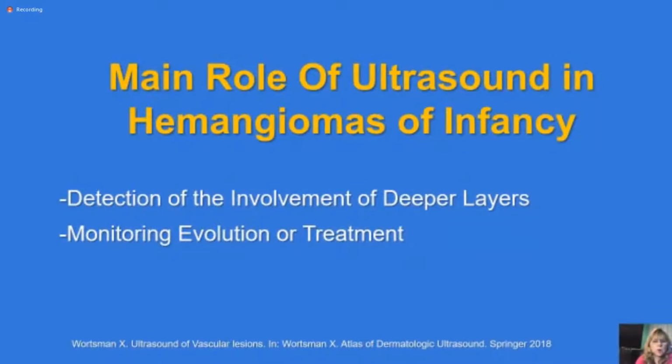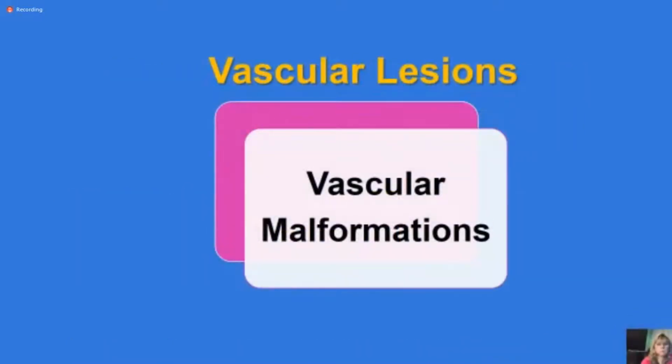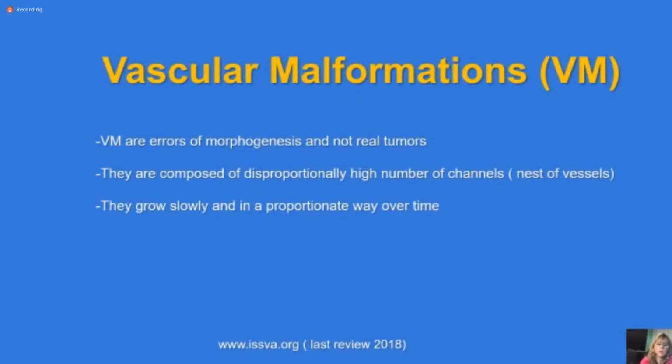So, what is the role of ultrasound in hemangiomas of infancy? First, the detection of the involvement of deeper layers and monitoring the evolution or treatment. Second, the vascular malformations. These are not tumors.